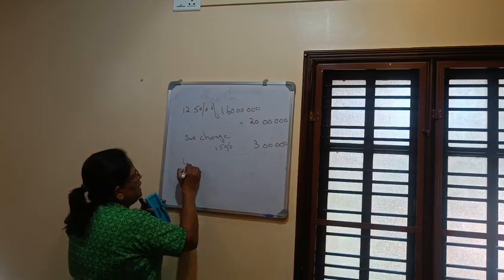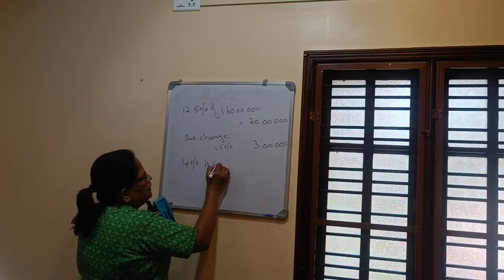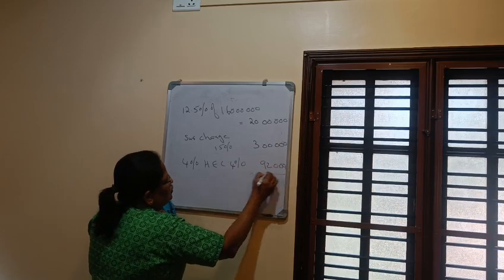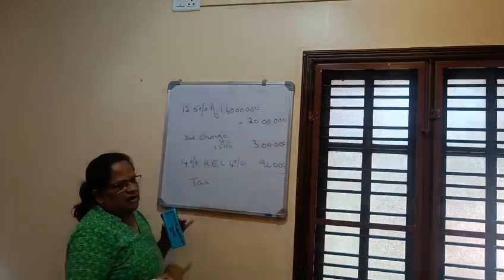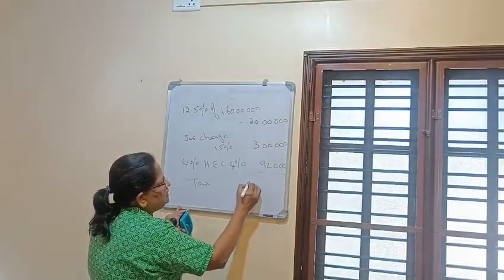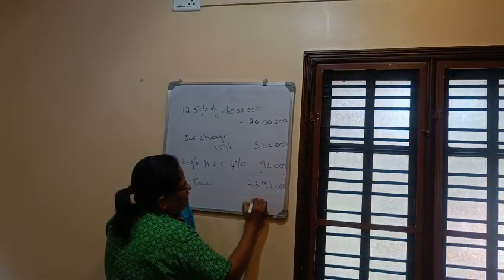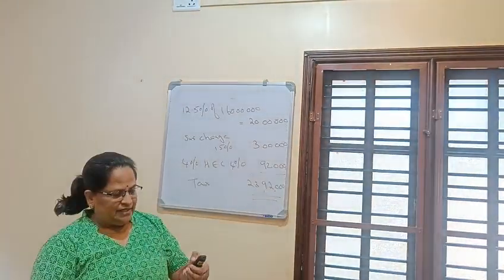That is 92,000. So the total tax liability is 23 lakhs 92,000. So this is the tax liability without indexation.